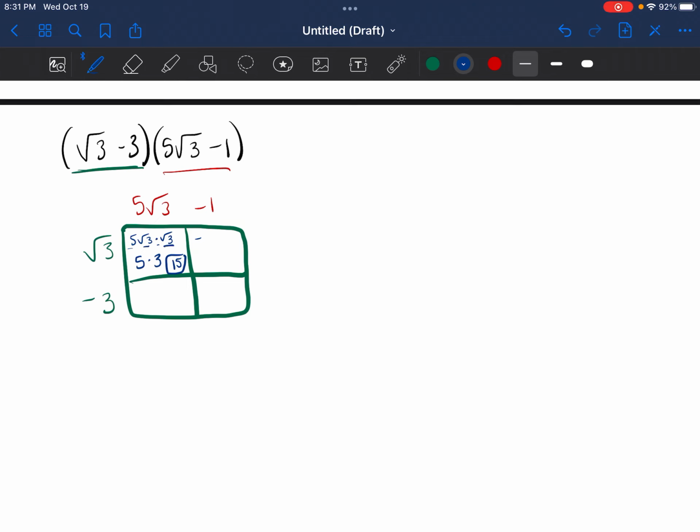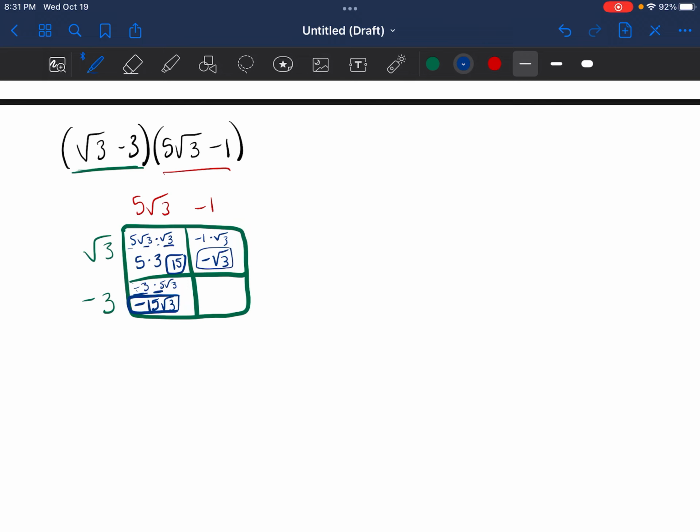Then I'm going to have negative 1 times the square root of 3, which is negative root 3. I'll have negative 3 times 5 roots of 3. So that's negative 3 times 5, negative 15. Bring that root 3 over.